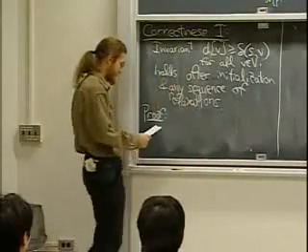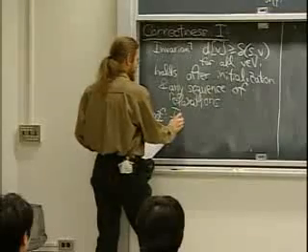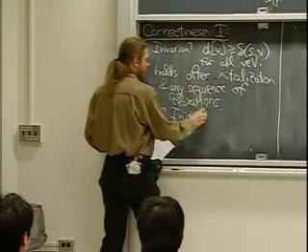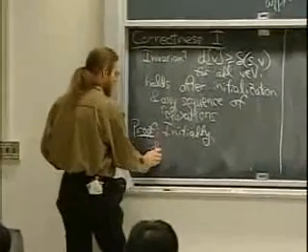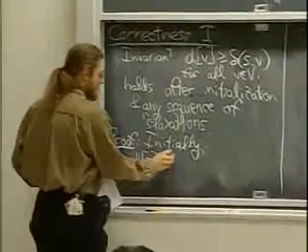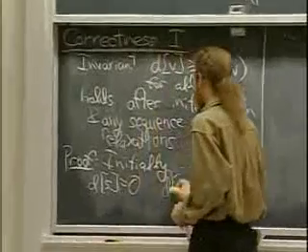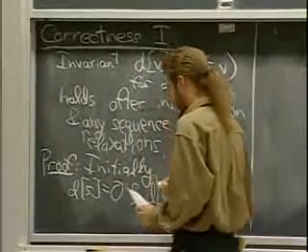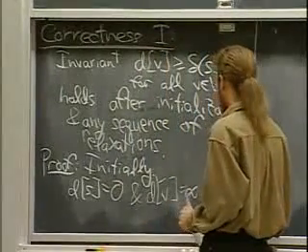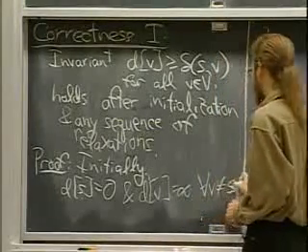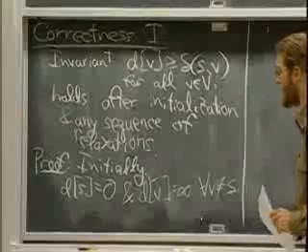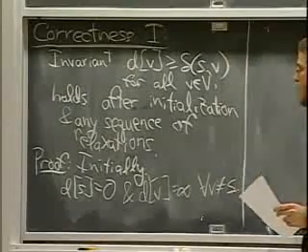So first let's do the base case. So this is after initialization. So say initially we have d of s equal to 0, and we have d of v equal to infinity for all vertices v not equal to s, little s. Okay? Now we have to check that this inequality holds.